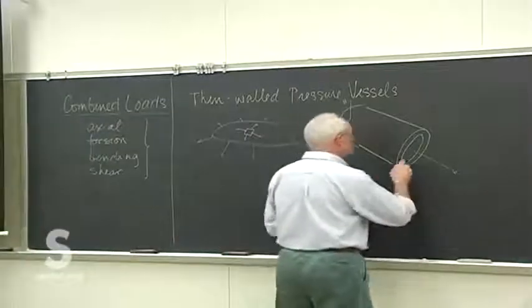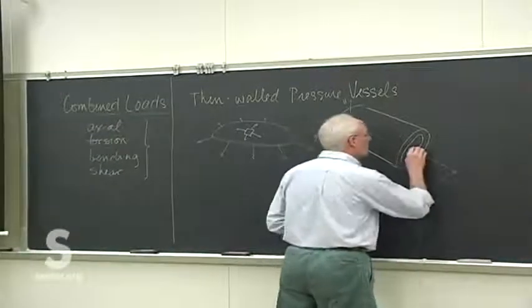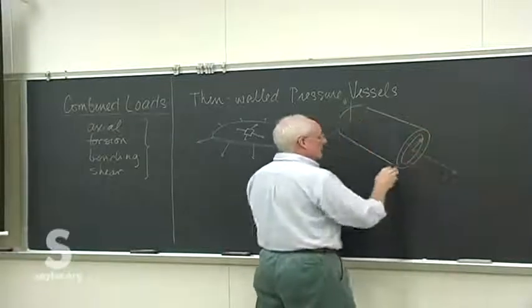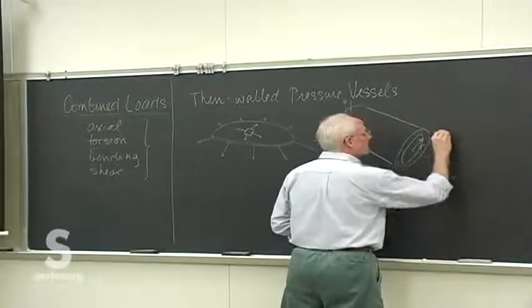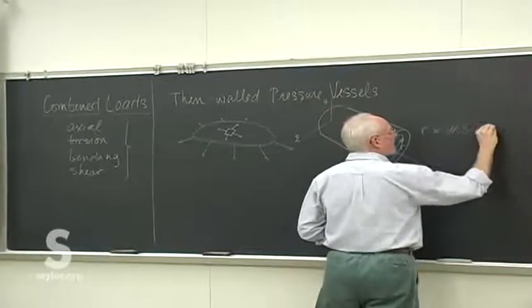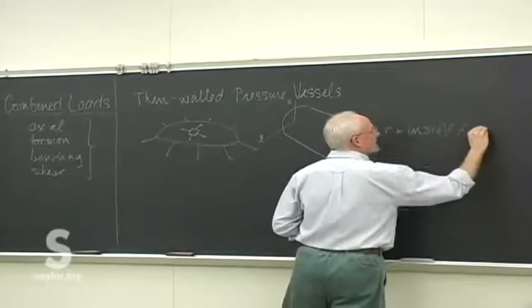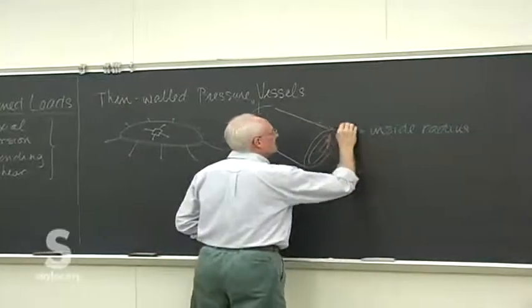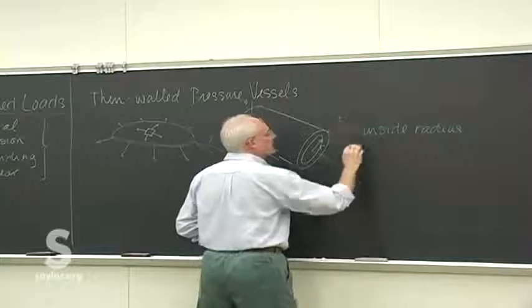First, though, let's make sure we understand what we mean by thin wall. We have R, the inside radius of the tank, and then there's some wall thickness t.